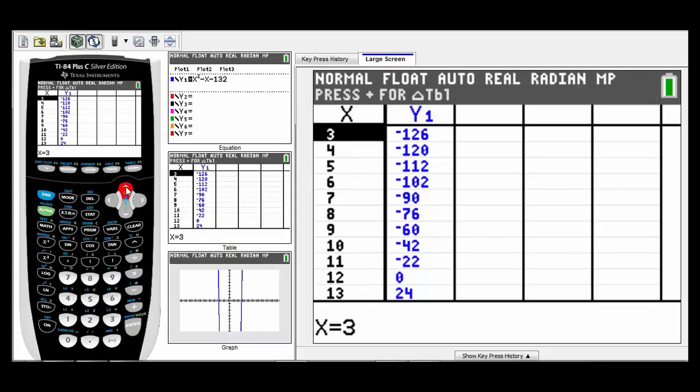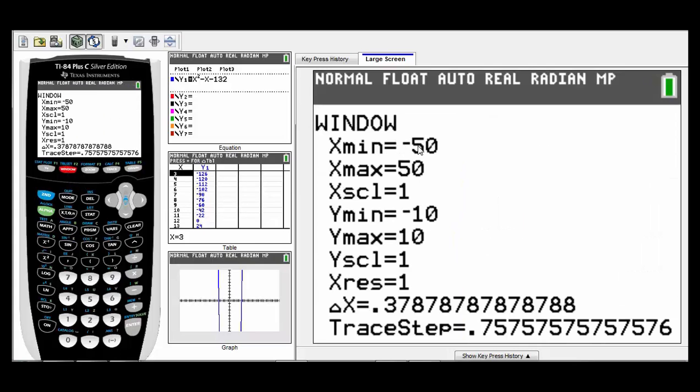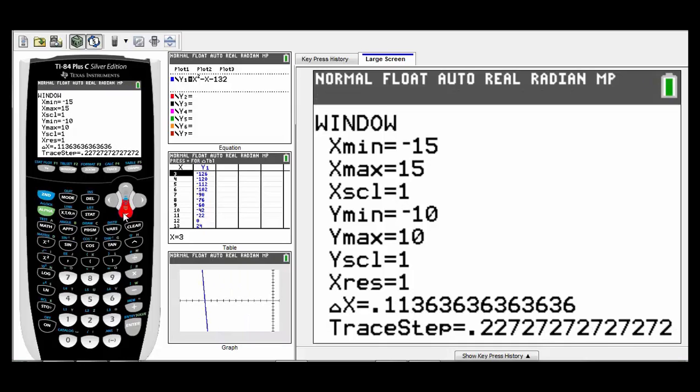So let's take those two numbers and see if we can come up with some sort of a solution here. Now this was negative 11 and positive 12, so on my window, let's go from negative 15 to positive 15 when I pull this graph in, just because I don't need all that extra space. And then for my y min, I'm just kind of curious where it bottoms out.